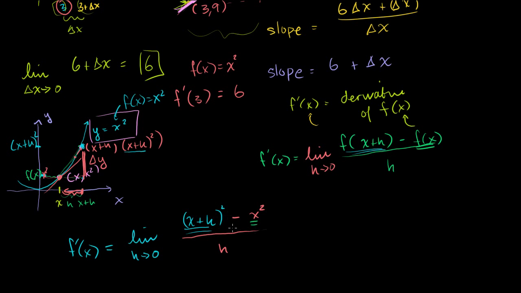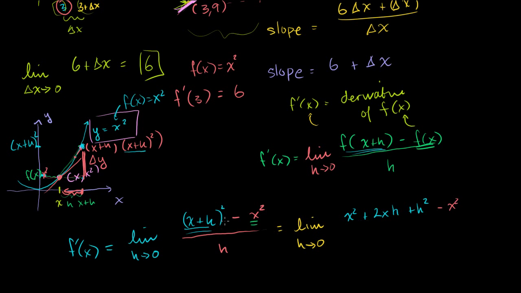So let's see if we can evaluate this limit. So this is going to be equal to the limit, let me write a little neater than that, as h approaches 0. To square this out, that's x squared plus 2xh plus h squared, and then we have this minus x squared over here.